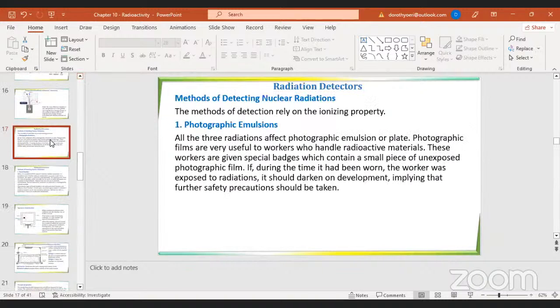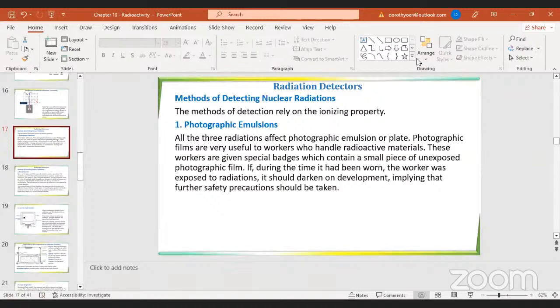So I was starting on the first. Like when you go for an X-ray, you're required to present an X-ray plate. That is the material they use. All the three radiations affect the photographic film worn by workers who handle radioactive material.